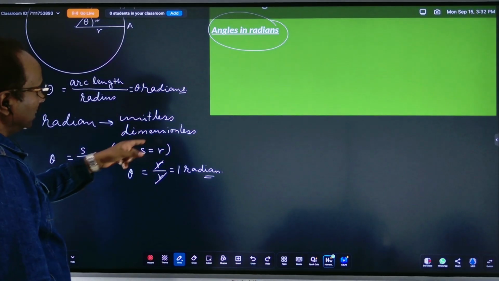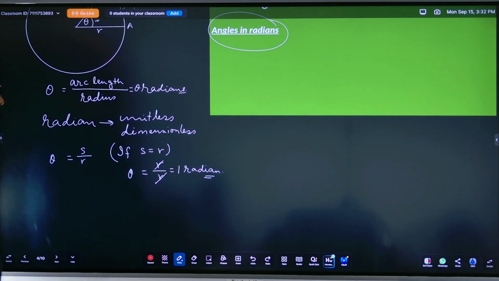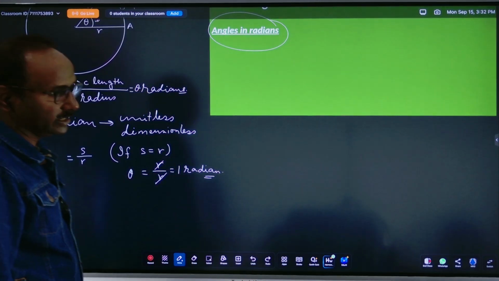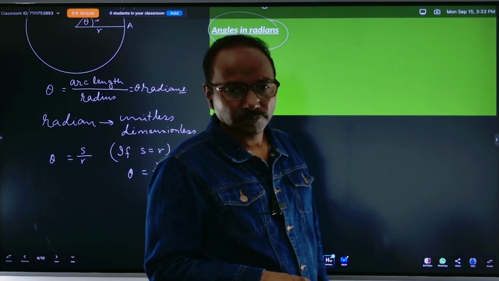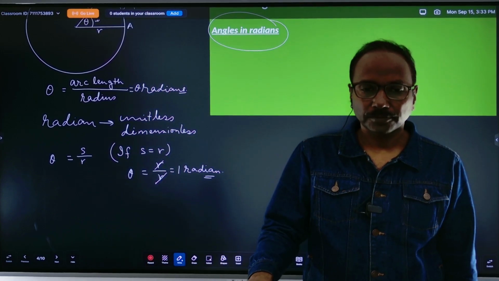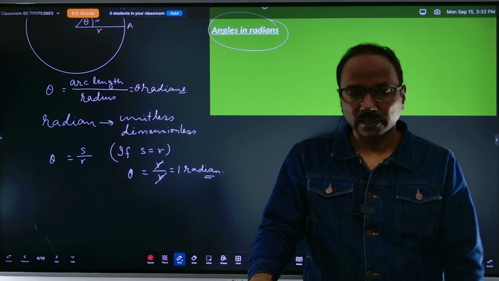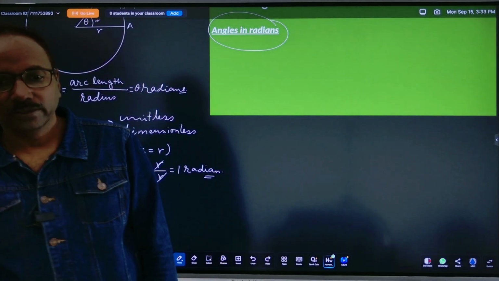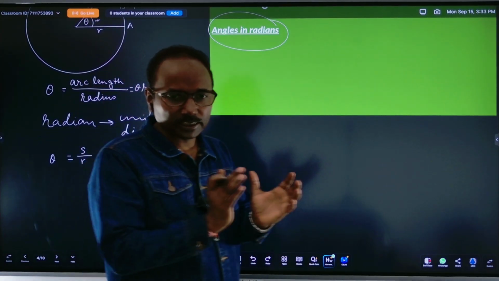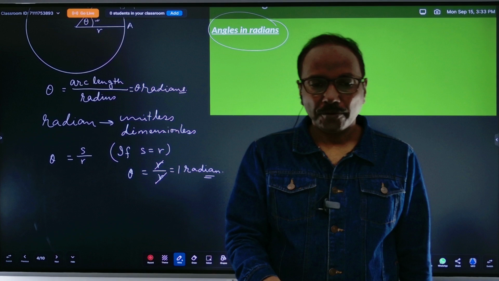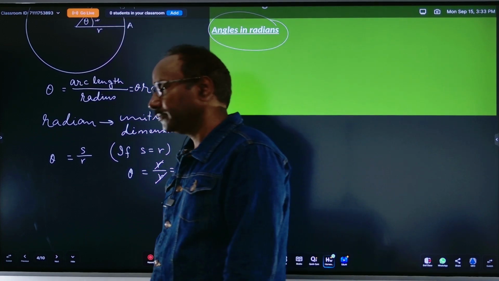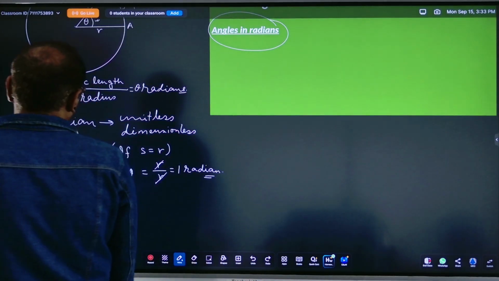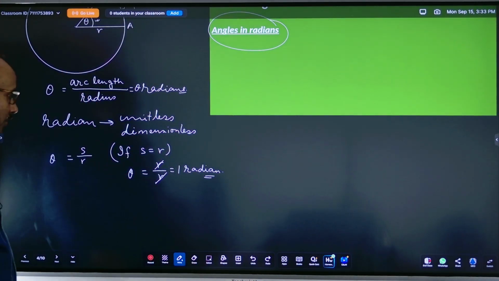So when the arc length becomes equal to r, in that case we get 1 radian. We will further come to how the radian is related to degree. So these are all conceptual things which you should focus on.